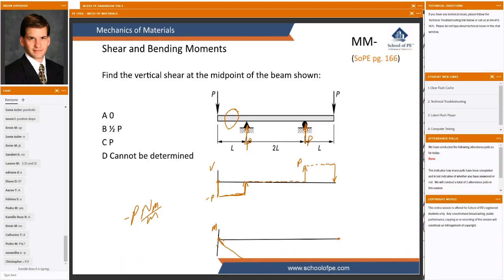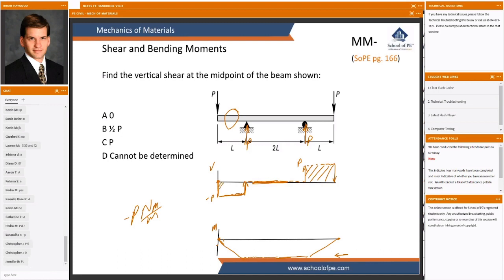And then what's going to happen to my moment diagram? I've got a shear value of 0, which means a slope of 0 all the way across the middle of this thing. And then I need to add this area. I'm going to have a slope of positive P for a distance L. So what magnitude will my moment diagram reach at its lowest?